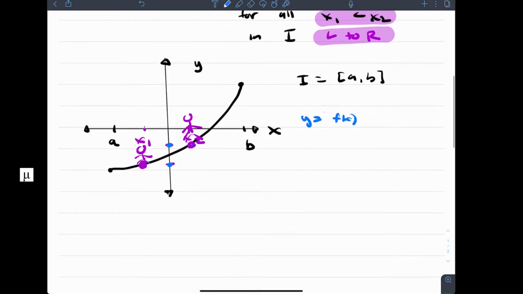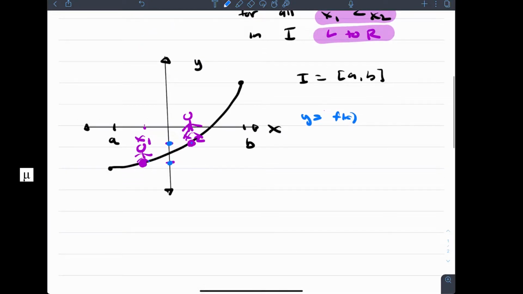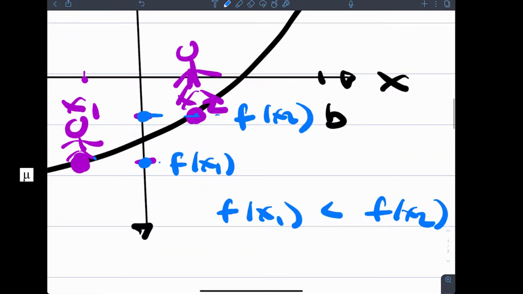As you move left to right, what we say here is f of x1 is smaller than f of x2. You say, why? This is where f of x1 would be, and then here would be f of x2. In other words, the altitude is bigger, or think of it as the depth of the altitude is bigger. That's what we mean. For every value in that interval, you have this situation.